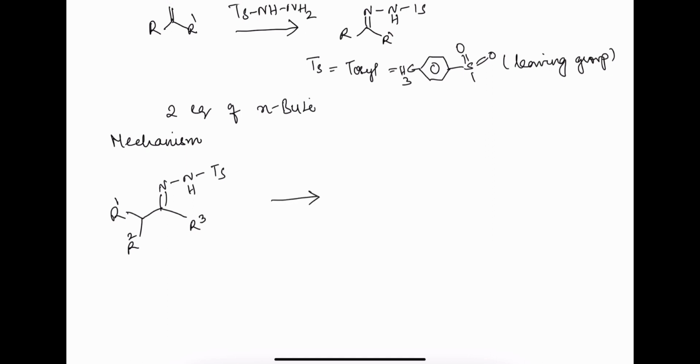The first mole of butyllithium will abstract the most acidic proton, that is the NH, and we get the anion.